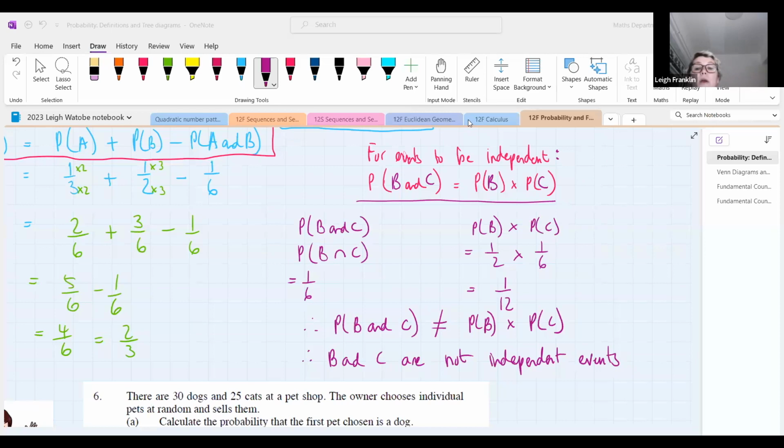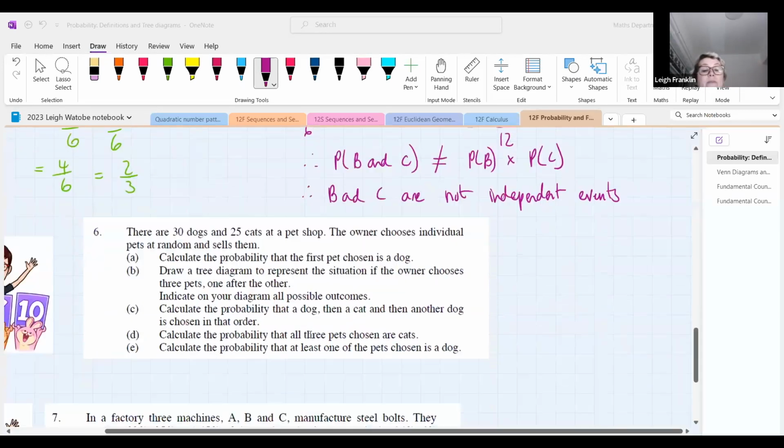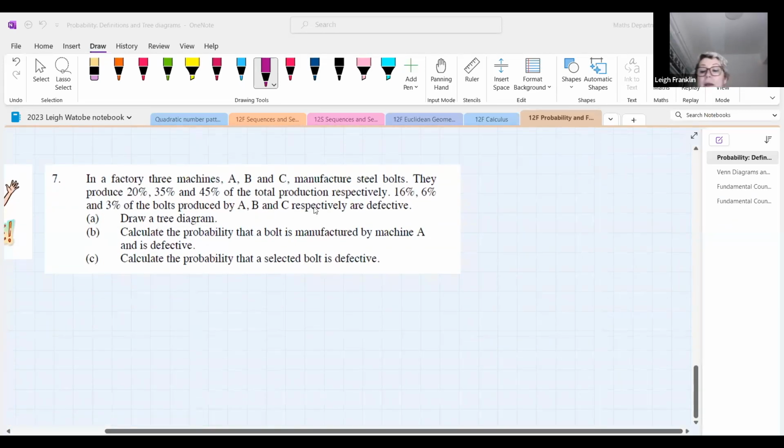What I wanted us to do now was have a look at a tree diagram. Because this is something that could definitely come up in your trials or in your finals. They normally include either a tree diagram or a Venn diagram for us to answer on the grade 11 work.